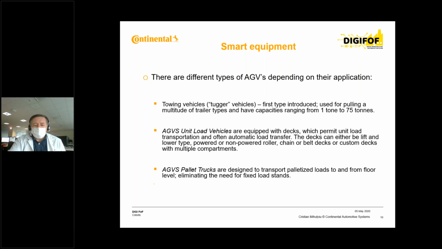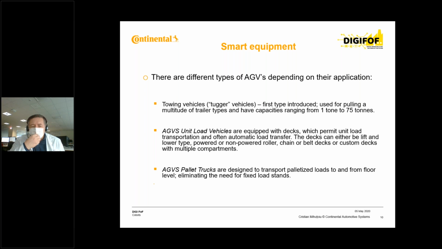AGV unit load vehicles, the system that we have in Conti Sibiu, are equipped with decks which permit unit load and unload transportation and automatic load transfer. Decks can be lift or lower type, powered or non-powered rollers, chain or belt decks or custom decks with multiple compartments.